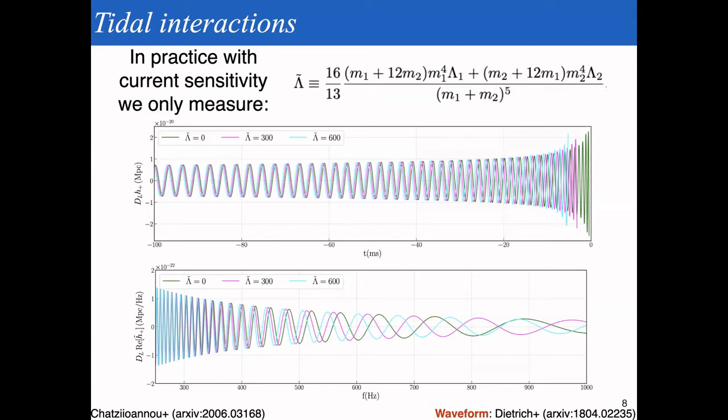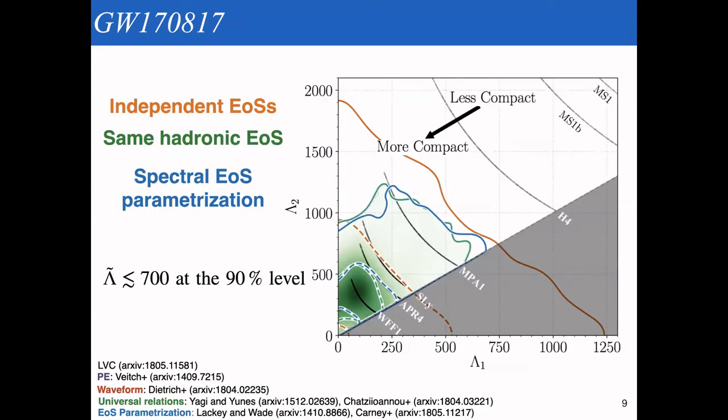So this is basically the effect we're using to measure tidal interactions in those neutron stars that we observe with gravitational waves. So the first time this was applied was for GW170817, a detection of 2 neutron stars merging about 3 years ago now.